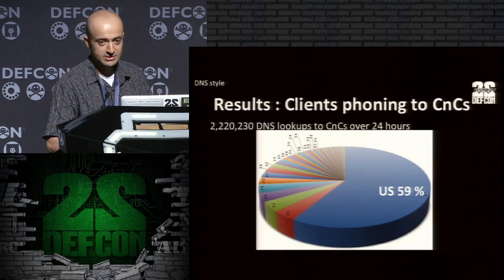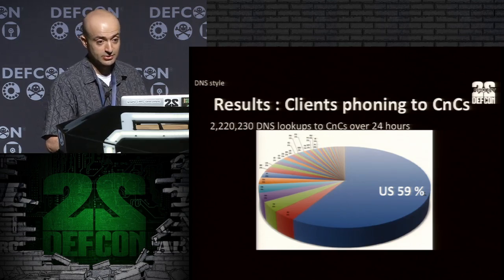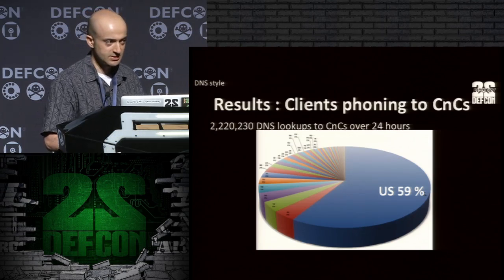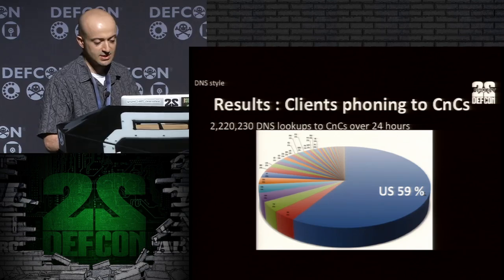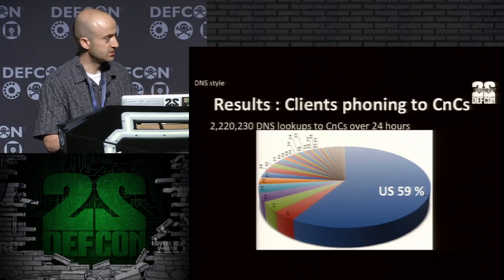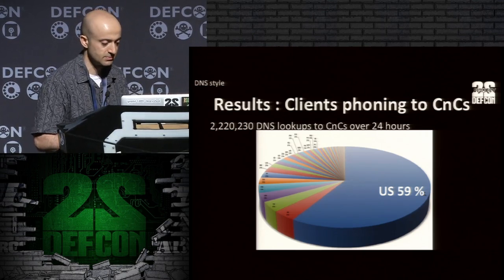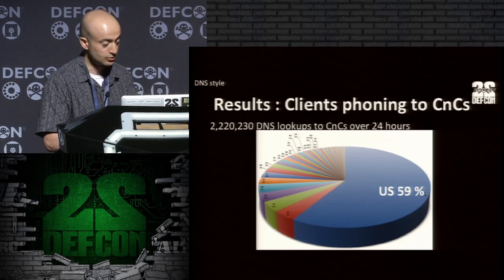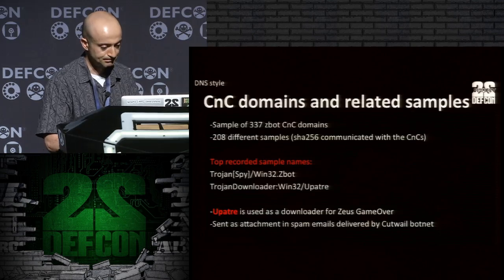However, if you look at the clients looking up these domains over 24 hours, you'll see they are mainly in the United States. Well, you could say that's because OpenDNS has mainly traffic in the United States, but also maybe because a lot of valuable information is in North American machines, mainly banking information. Because again, Zeus is a banking Trojan, so it would make sense.